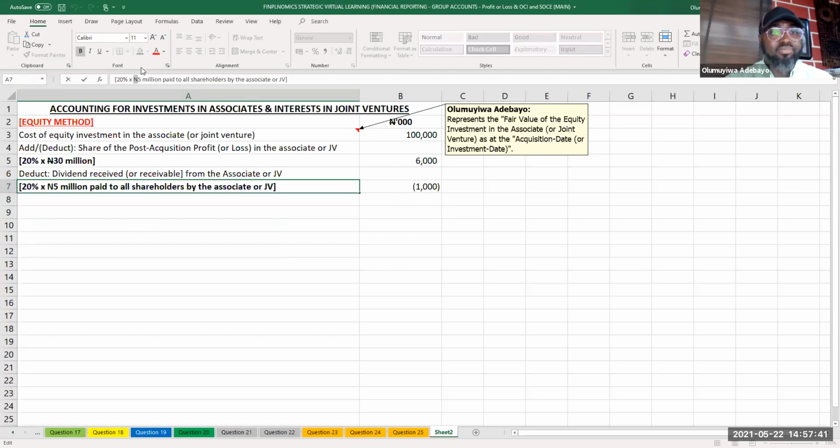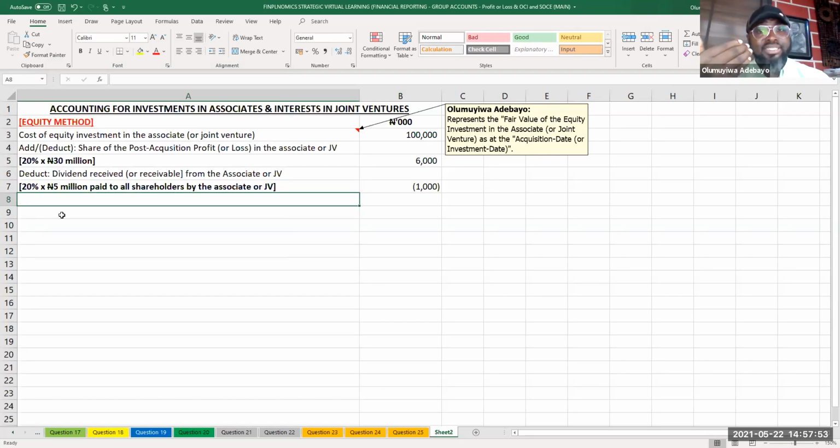Peradventure, the investment in associate is equally a financial asset, equally an asset that has to be subjected to impairment. Even though before you recognize impairment on equity, it must be much more of a permanent nature, and not classified at fair value to profit or loss, where fair value loss will have been taken as a surrogate for such an impairment loss.